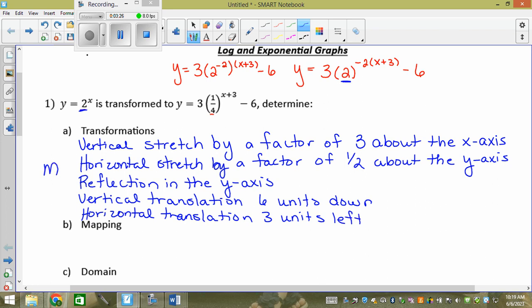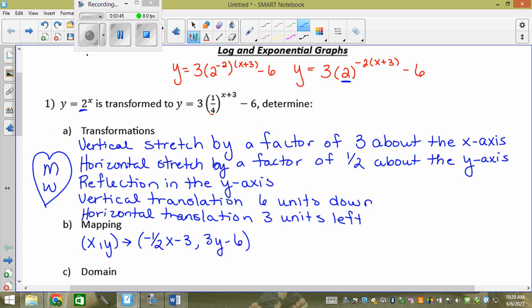So mapping in words. The flipped x's that we use, we have to use in mapping, right? So we have x, y, you're no flipping y's. So we get our x is going to be negative 1/2 x minus 3, and our y is going to be 3y minus 6. The y should never be wrong because they're always the same.